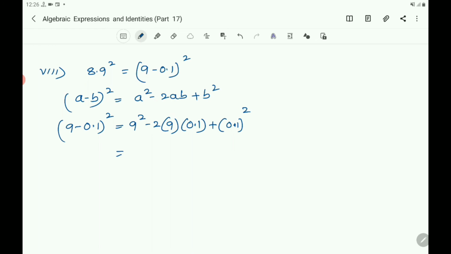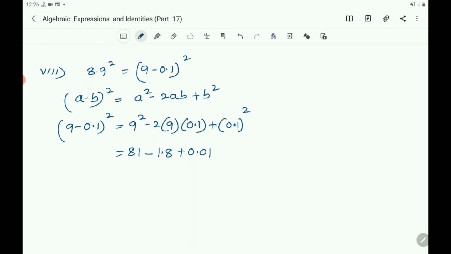Then 9 square is 9 into 9, that is 81, minus 2 9s are 18, 18 into 0.1 is 1.8, plus 0.1 whole square is 0.1 into 0.1, that is 0.01.